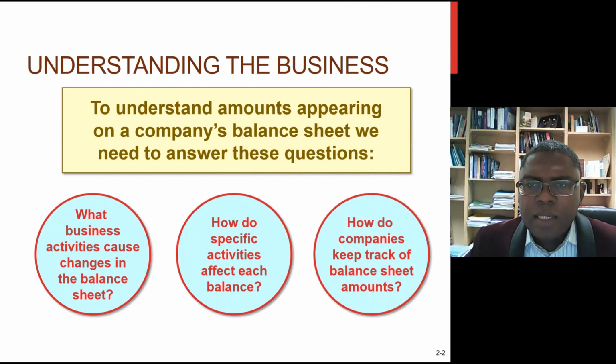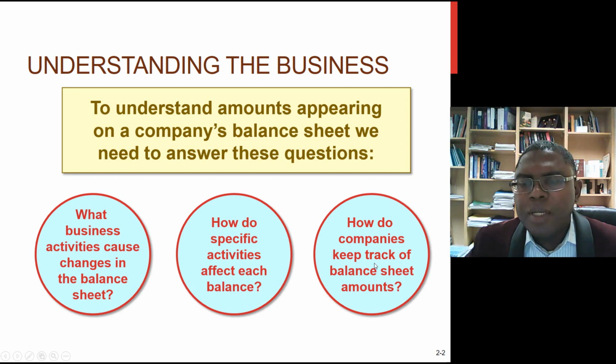We need to understand the business. We understand the amounts appearing on the company's balance sheet by answering the following questions. What business activity causes changes in the balance sheet? How do specific activities affect each balance?